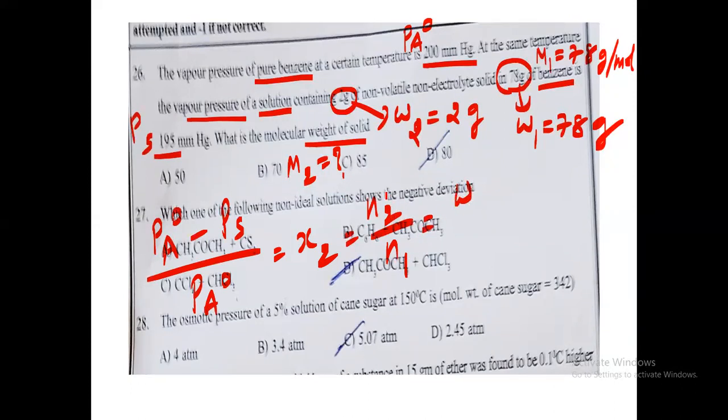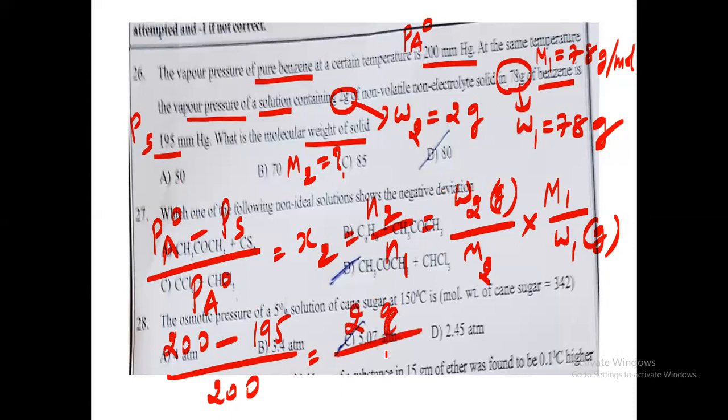The number of moles of solute is the weight of solute in grams by the gram molecular weight of solute, which is to be calculated. Here N1 is the weight of solvent by the gram molecular weight of solvent, so it becomes the gram molecular weight of solvent by the weight of solvent in grams. Is that clear?